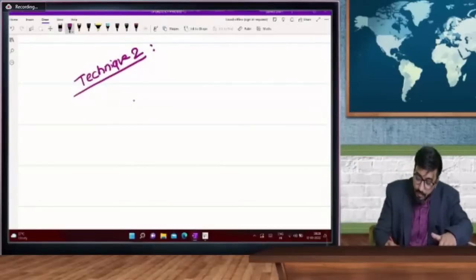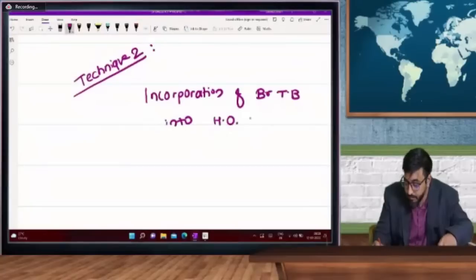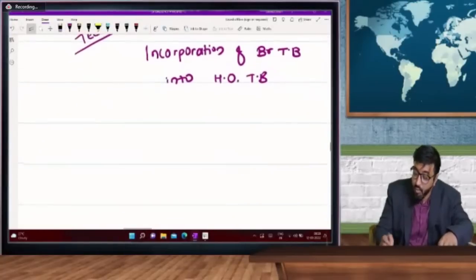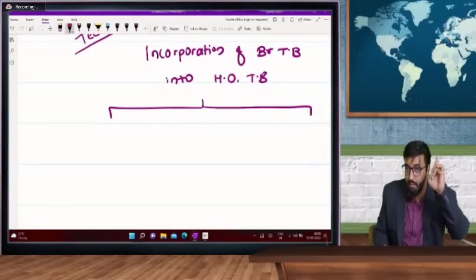See, technique number 2 is incorporation of branch trial balance into head office trial balance. Now there are 2 types. Technique number 1 is illustration number 11.